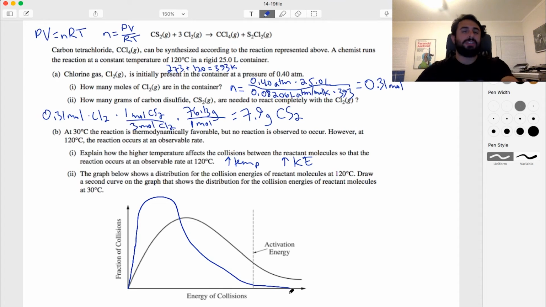So as long as you do something kind of like that, it can't look crazy, but you need this curve to be higher and to the left of the original peak. Again, we're talking about fraction of collisions versus the energy of the collision.